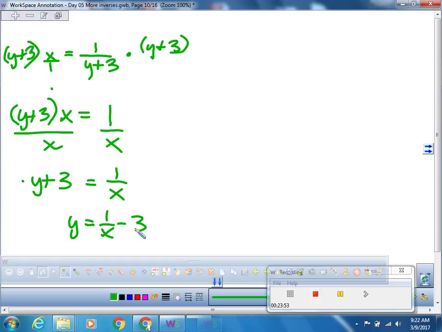It's the same thing, just less work. I just decided, you know what, I'm just going to take the inverse of both sides, and then it's easier. Isn't y plus 3 over 1 y plus 3? You're correct.